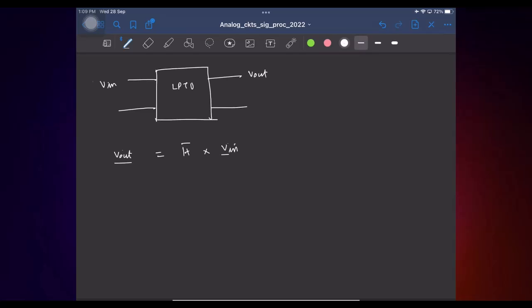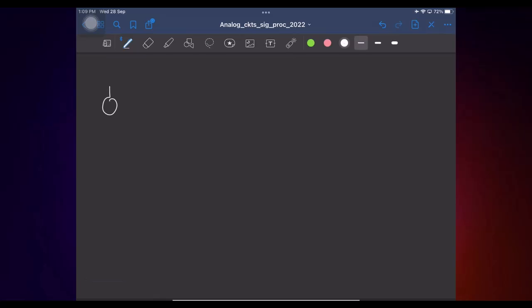For example, say you have an LPTV network like this. This is a resistance. The entire thing now, you can think of it as a resistance that varies periodically with time. So I can find the conductance matrix for that.